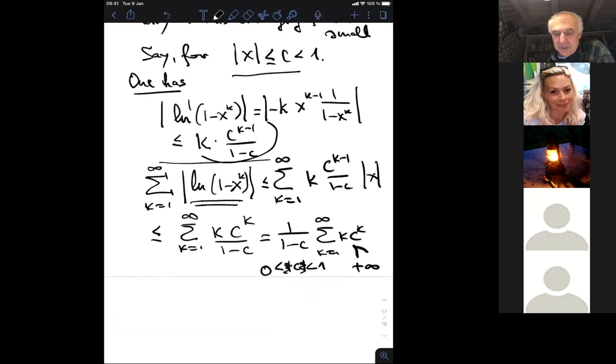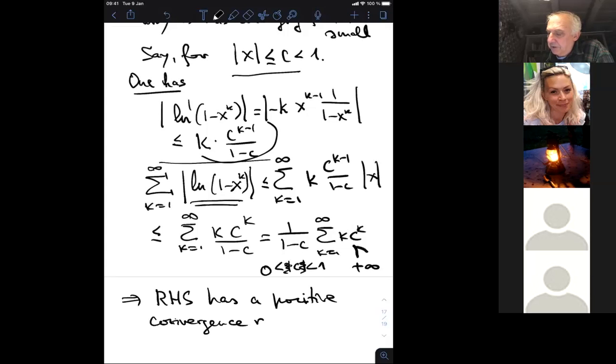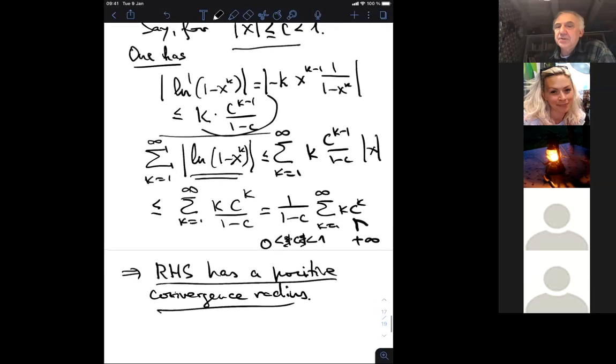And this definitely implies that the right-hand side has a positive convergence radius. And if we have two power series with positive convergence radius, which coincide as formal power series, then they coincide as functions.